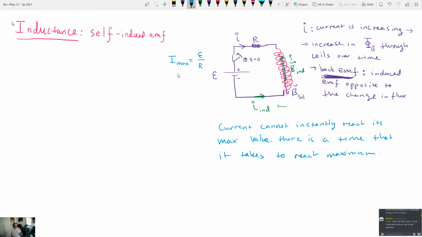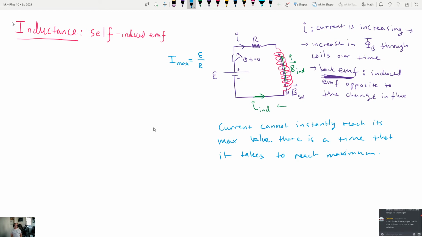It's a physical effect of the way magnetic fields work: if you try to change the current flowing through a circuit, even if all you're doing is turning the circuit on, you automatically induce an EMF in that circuit in the other direction that will prevent it from instantly reaching the maximum value. It'll take time.